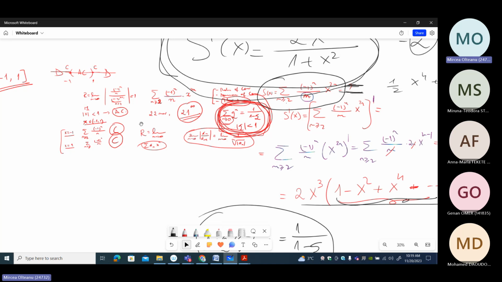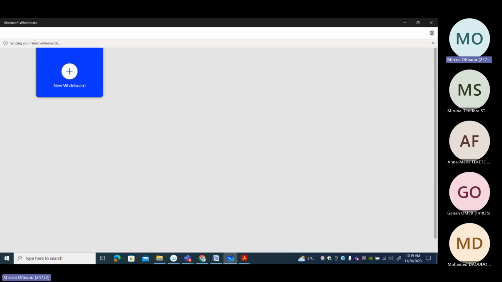If you have something like this, you multiply with some n times some power, doesn't matter. You can simplify this if you integrate somehow. So these are the 2 operations which can be done. Okay, if there is any question here.